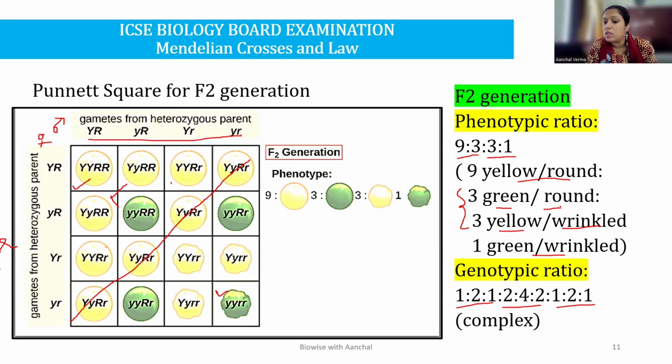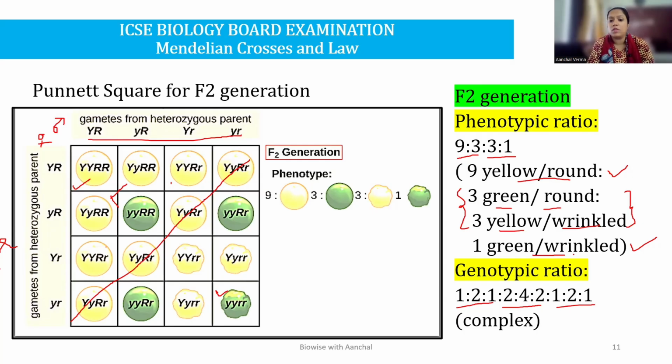So 9:3:3:1 will give you the possible traits where these are the parental traits, not F1, and these two are the combination of the parental traits. This is very important to be written in the ratio. Is that clear? Genotype of the dihybrid is generally not asked in the exam because it is said to be too complex, but I think it's not so complex that you cannot remember. Any doubt, put it in the comment section.